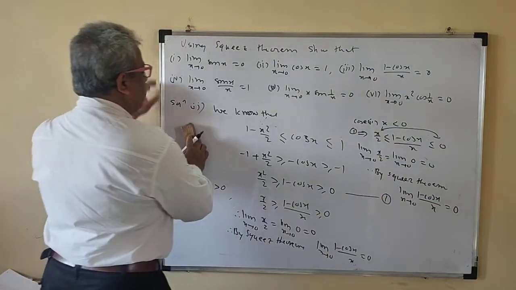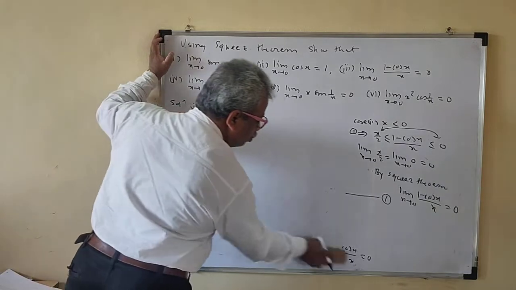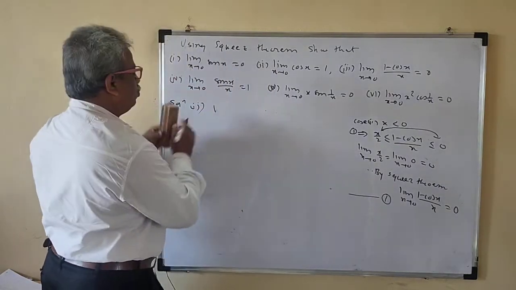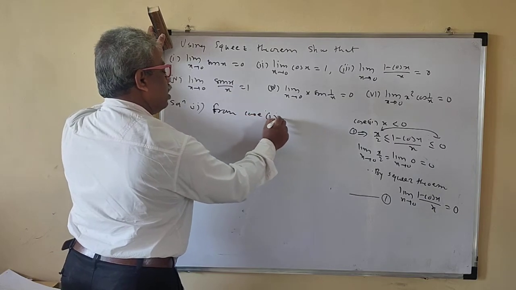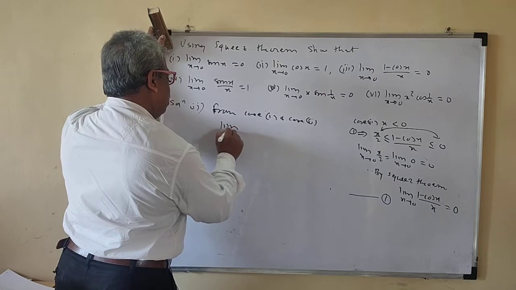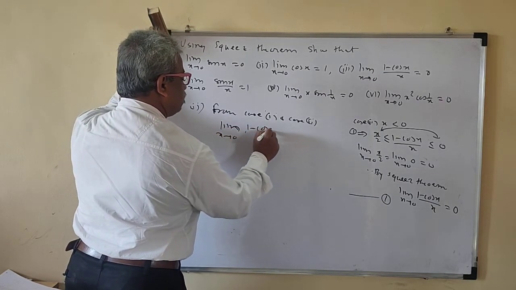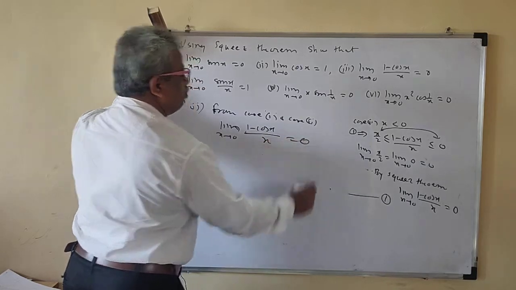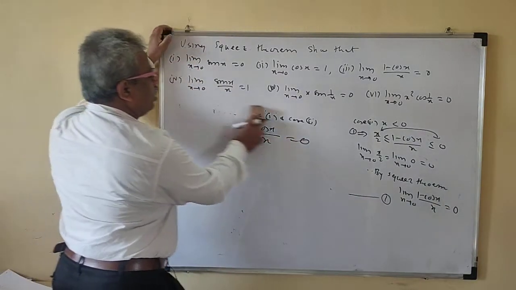So from case 1 and case 2, limit as x tends to 0 of 1 minus cos x upon x is equal to 0. Okay, so this is over. Okay, now next.